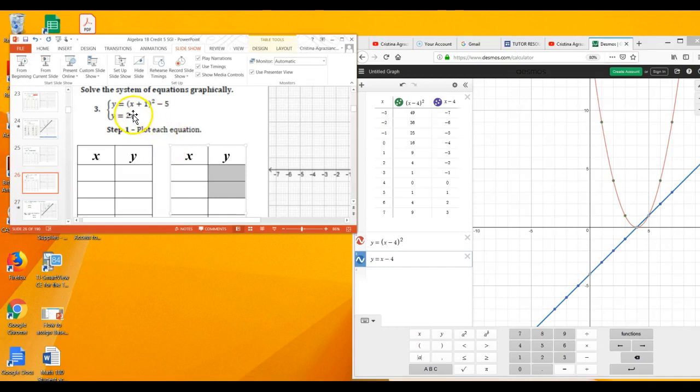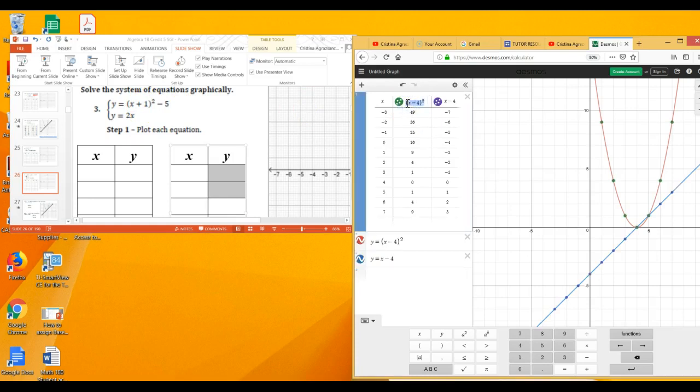All right, so for number 3, we're given two different equations. Here we're given y equals x plus 1 squared minus 5. So again, I'll go back here and put in my new equation of parentheses.